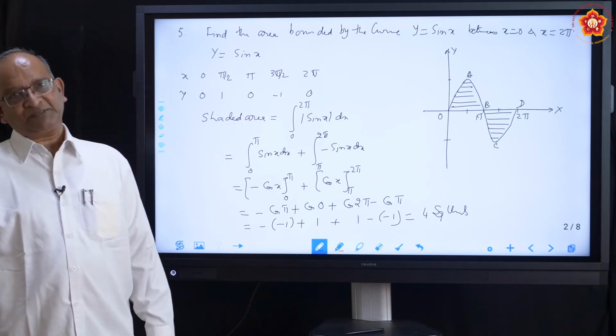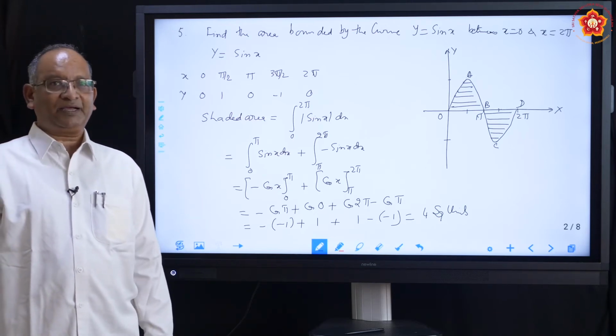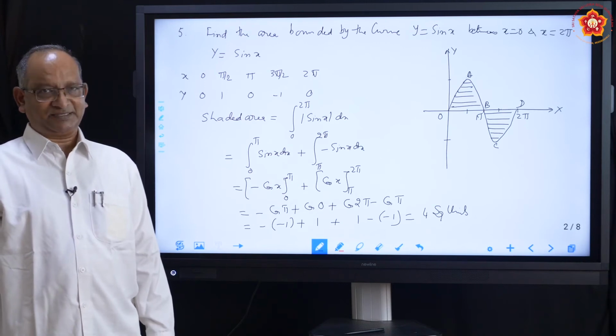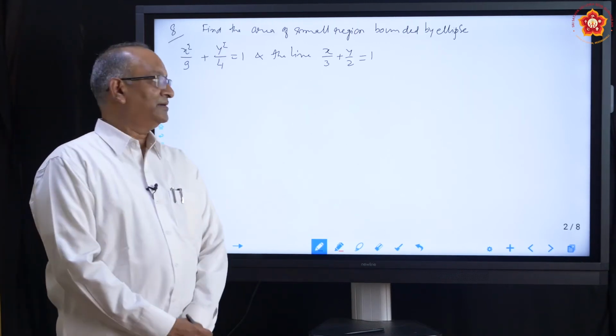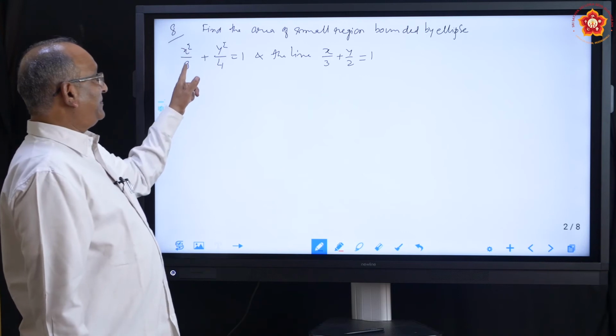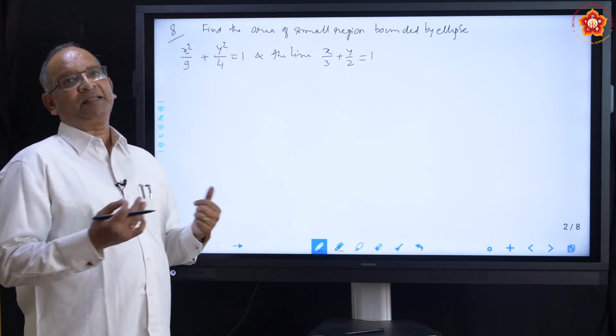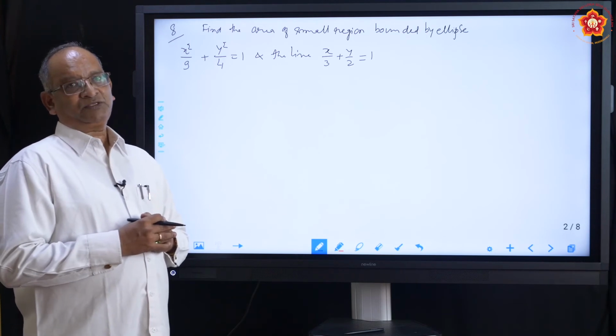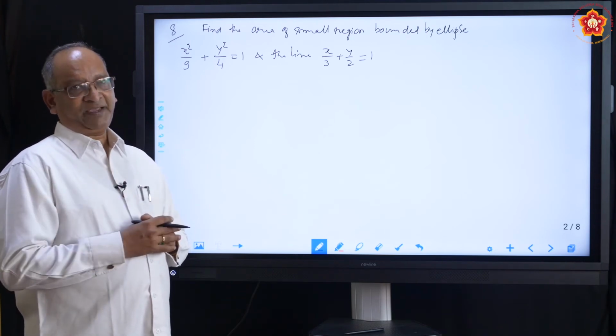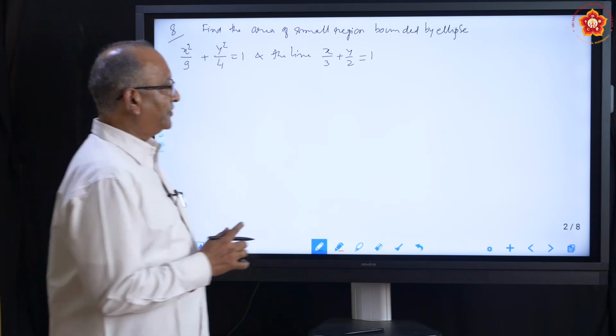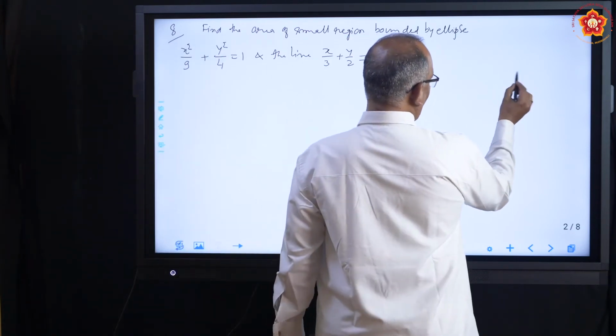Now we come to the last problem which we are going to take up today in this particular session. Yes. X square by 9 plus y square by 4 equal to 1 is nothing but an ellipse. We have solved with some other values of a and b. So you can just draw a rough diagram of the ellipse.